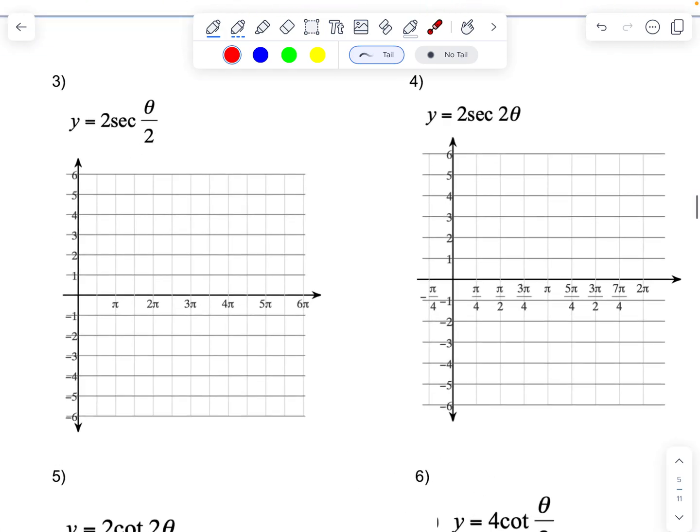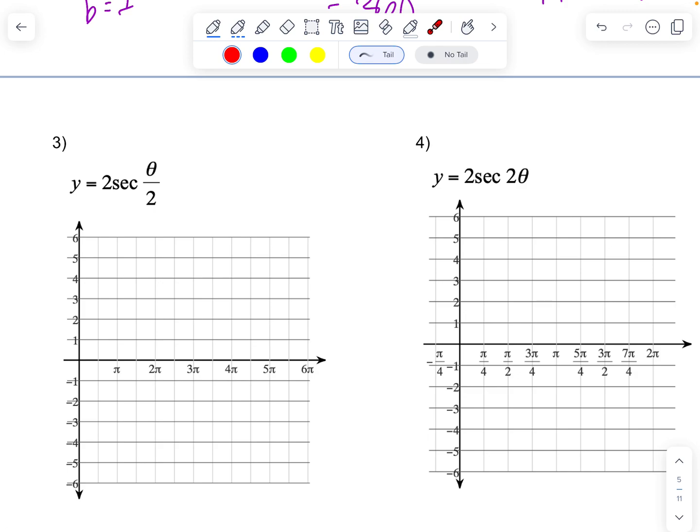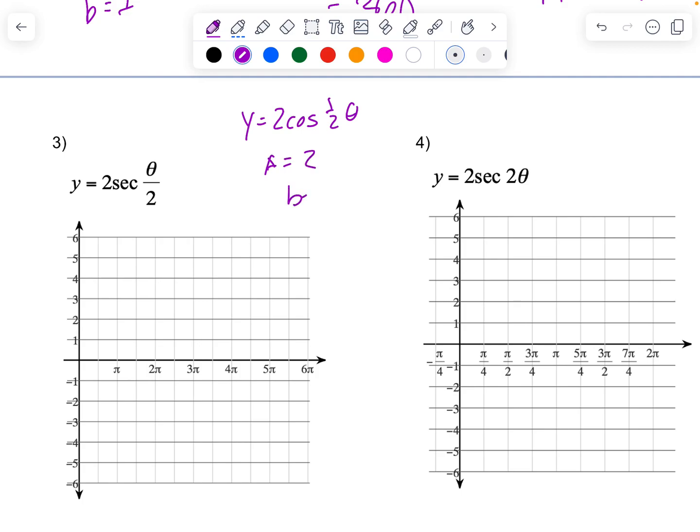Okay, we'll just do number 3. We'll skip number 4. So number 3 is secant, which is going to be cosine. So let me write this here. Y equals 2 cosine 1/2 theta. Again, A is 2, B is 1/2. Your period, 2 pi over 1/2 is 4 pi.